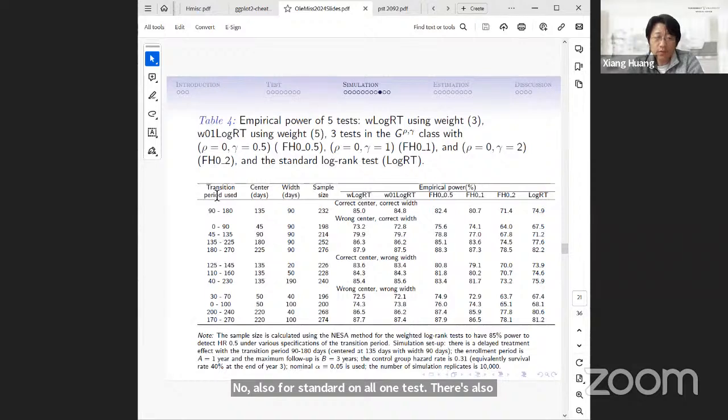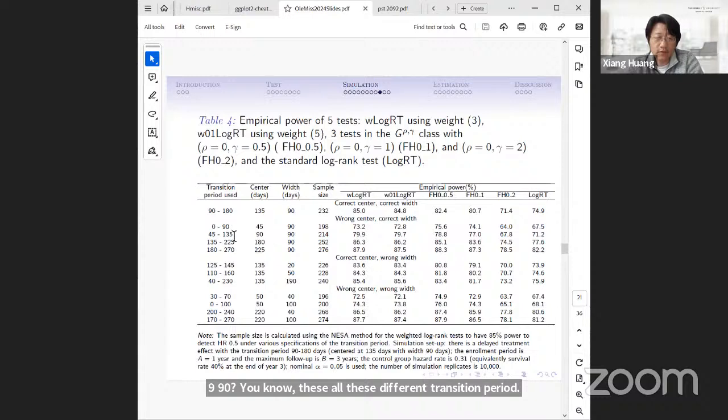Now, what if the true transition period is one of these different transition periods here?